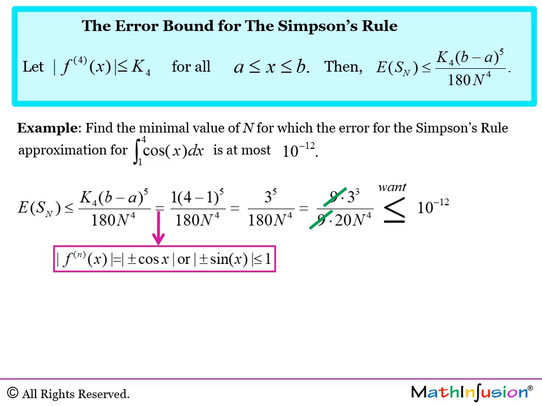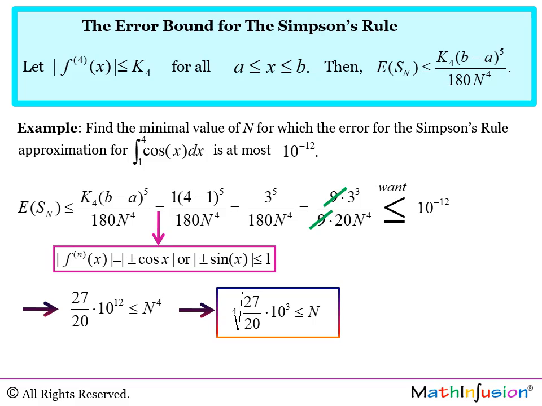I get a very simple inequality with capital N, so we are just going to solve that. I multiply everything by n to the 4, and then I multiply everything by 10 to the 12, and I get that n is at least the fourth root of 27 over 7 times 10 to the power of 3.